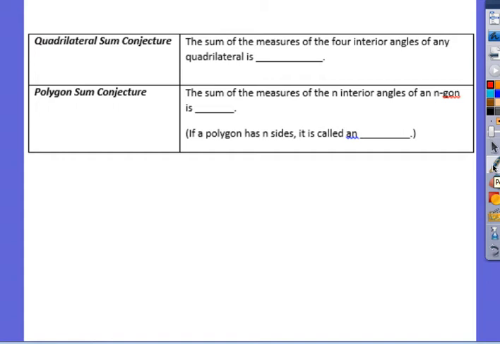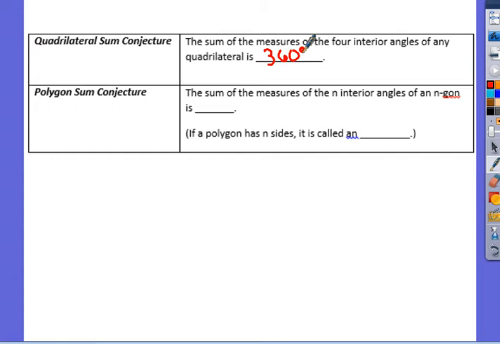Quadrilateral, a 4-sided figure. The sum of the measures of the 4 interior angles of any quadrilateral is 360. And you know that because if you look at a square as a quadrilateral, a rectangle as a quadrilateral, those have 90-degree angles. 90 plus 90 plus 90 plus 90 is 360.